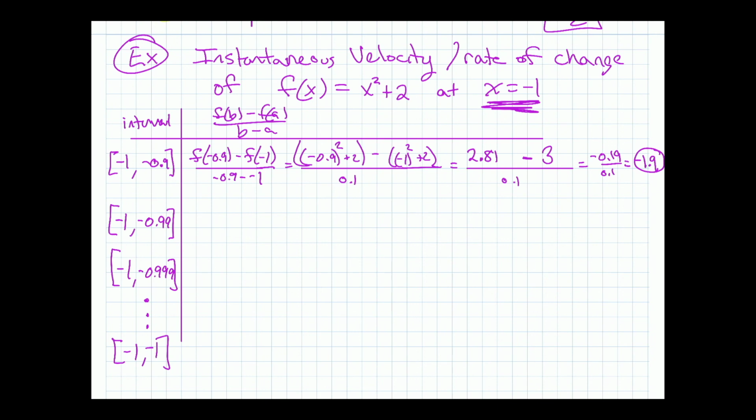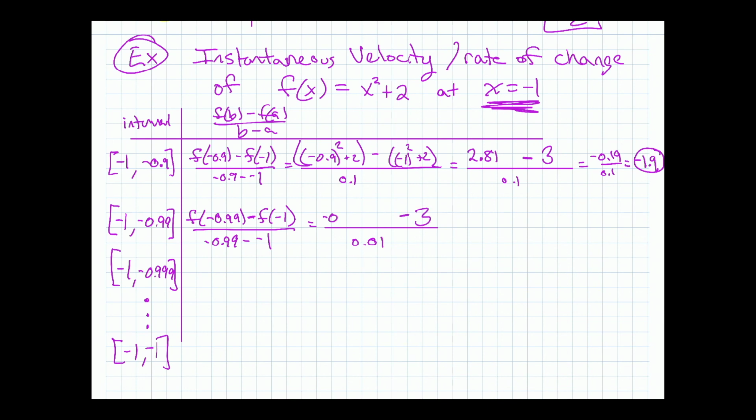All right, now we're going to do it again. So we're going to have f of -0.99 minus f of -1 over -0.99 minus -1. That is going to be 0.01 in the denominator. Second term is going to end up 3 again.